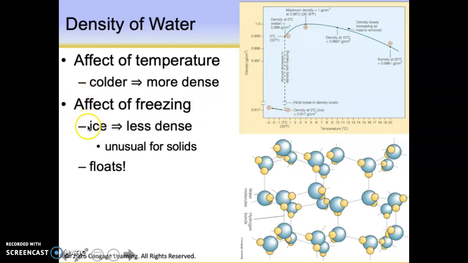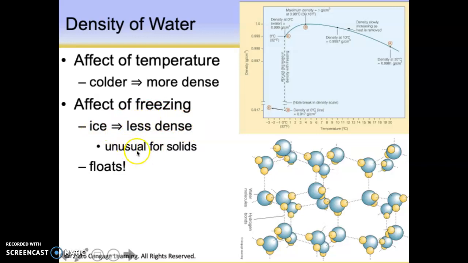And in the act of freezing, the water molecules arrange themselves in this crystalline structure you can see. One of the things you can't really tell from these drawings in your book, but is very important, is that when the water molecules organize themselves into a crystal, they actually spread apart a little bit in order to set up that crystalline structure. That means that ice is less dense than liquid water.